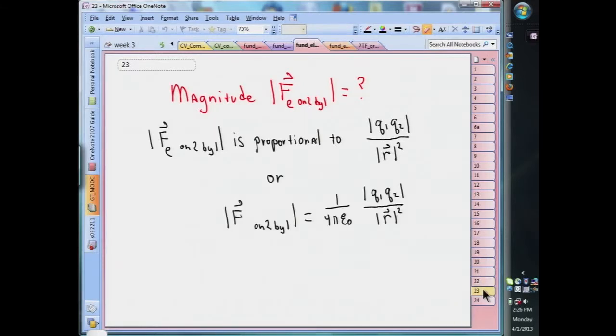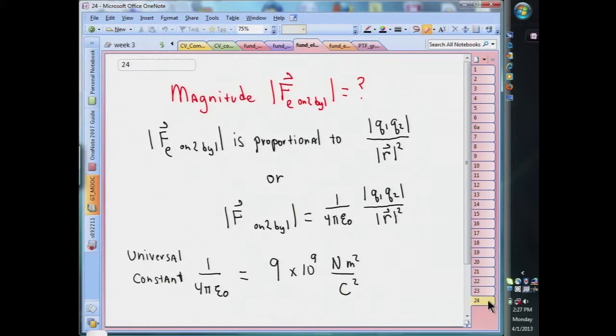The words "is proportional to" mean that there is some constant, which we'll call 1 over 4 pi epsilon 0, such that the magnitude of the force is equal to this constant times the product of the magnitude of the charges divided by the square of the distance. Now, 1 over 4 pi epsilon 0 is a universal constant, which has the value shown here in the SI system of units.